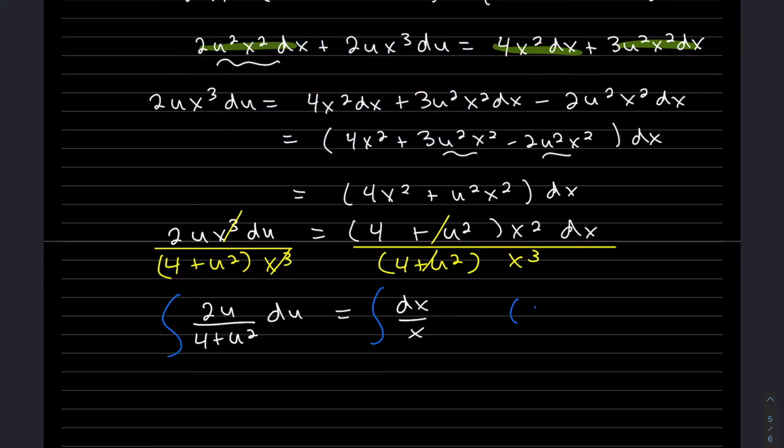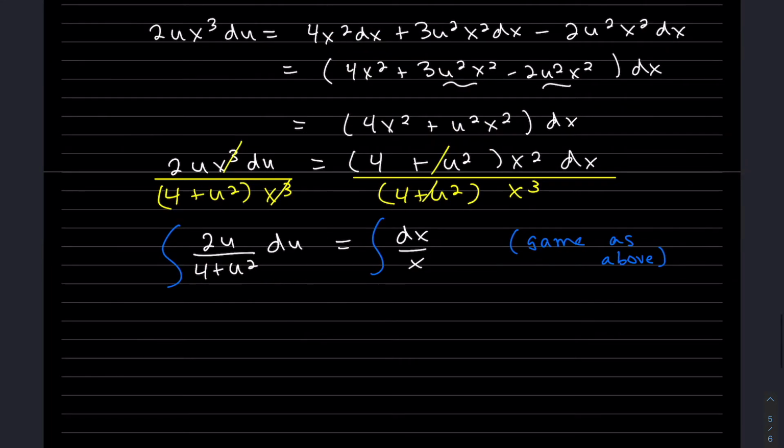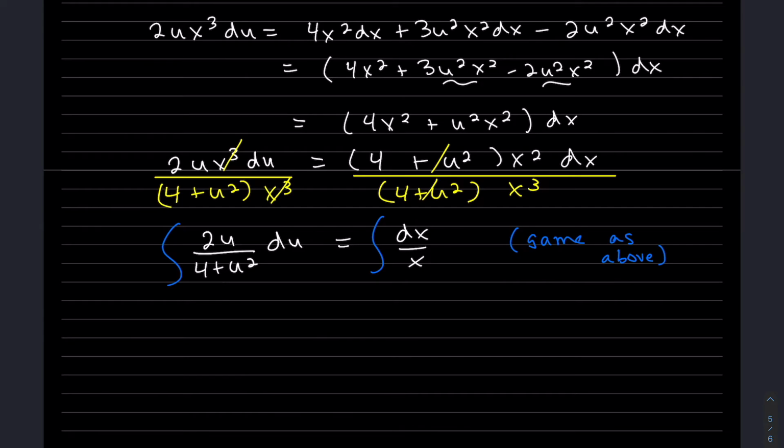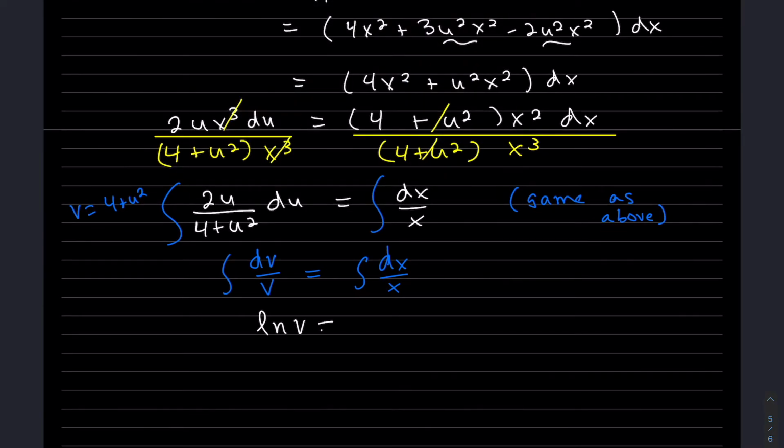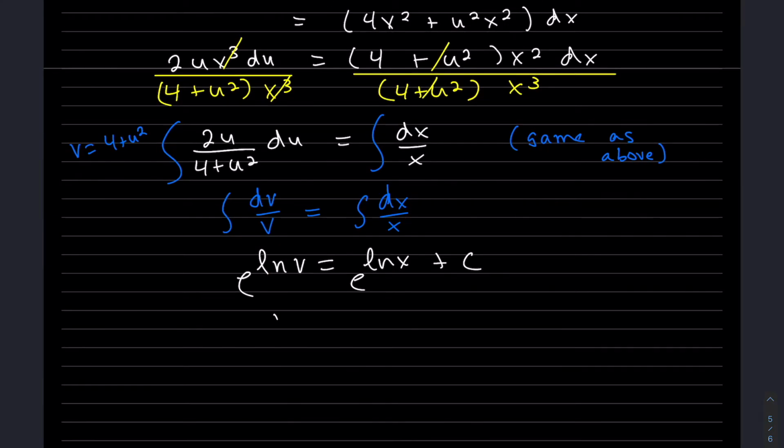And this is the same as above. We can do it real quick. Let v equal 4 plus u squared. This becomes dv over v equals dx over x. So v equals ce.